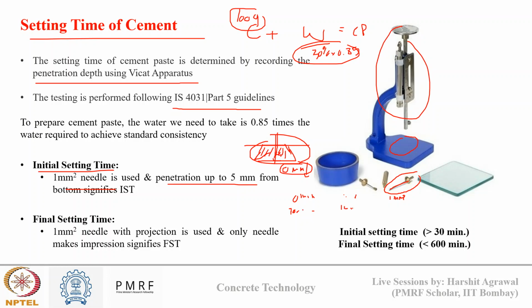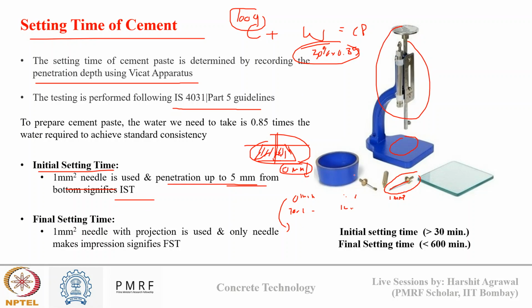We'll take readings continuously every 5 or 10 minutes until I get the penetration depth of 5. Once I reach it, I will see how much time has elapsed since the addition of water, and that time is the initial setting time of my cement paste.